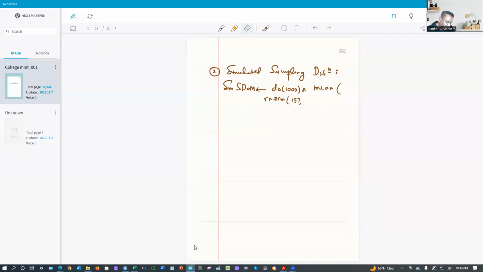For the mean, go to Thumbstat and get the mean from there. For the standard deviation, go to Thumbstat and get the standard deviation.